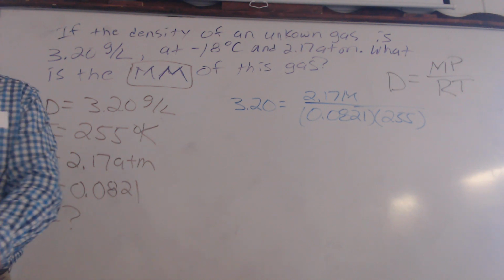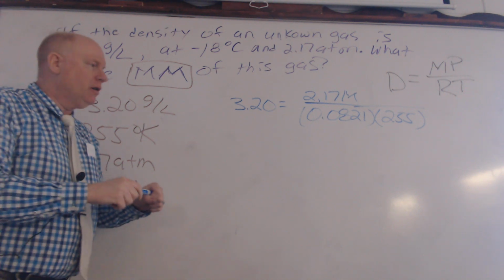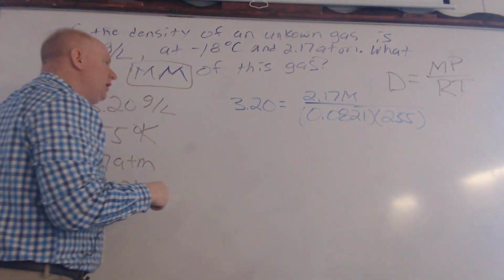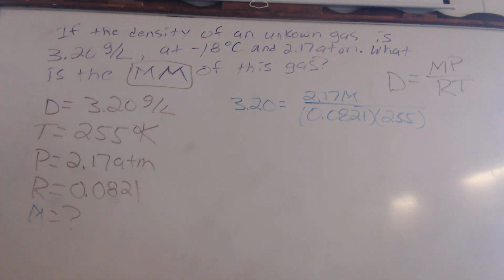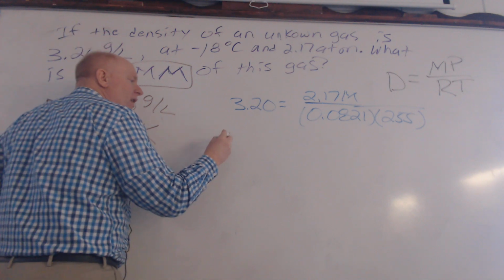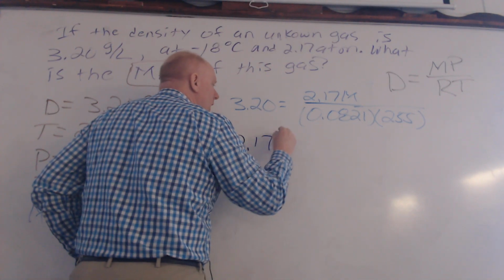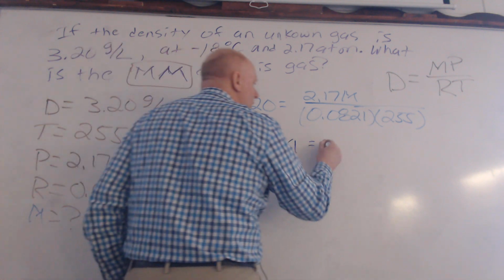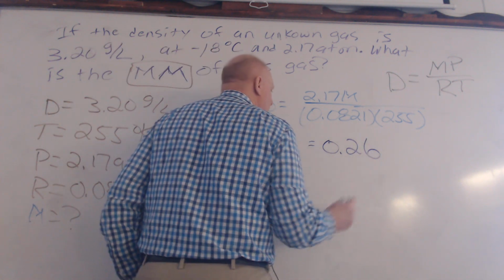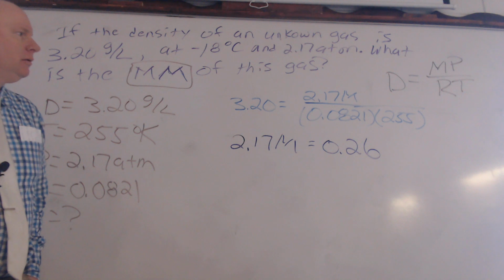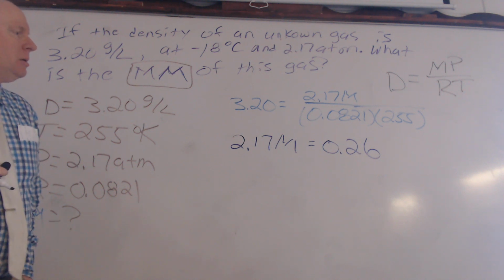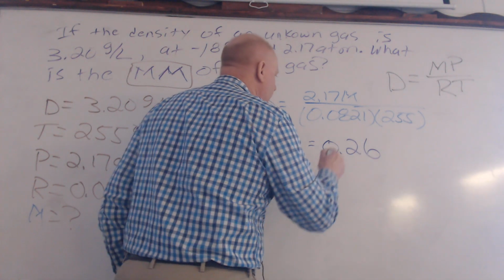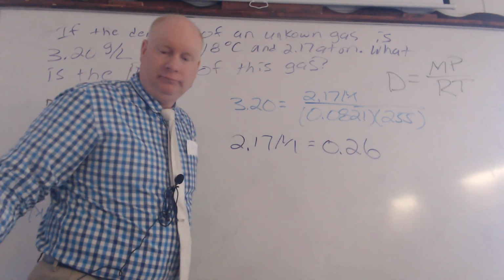So then, just like we had illustrated earlier, you're going to take these two times each other, times 3.2, and we're going to rewrite this equation as 2.17 M equals 0.0821 times 255. No, it equals 21.216.